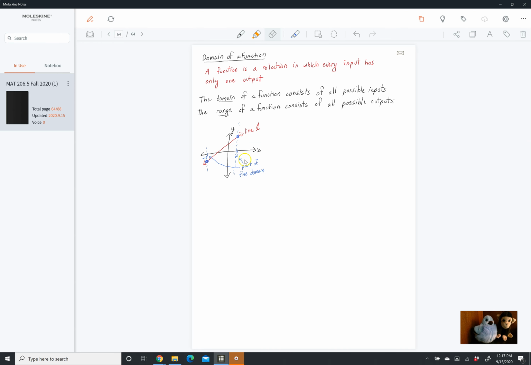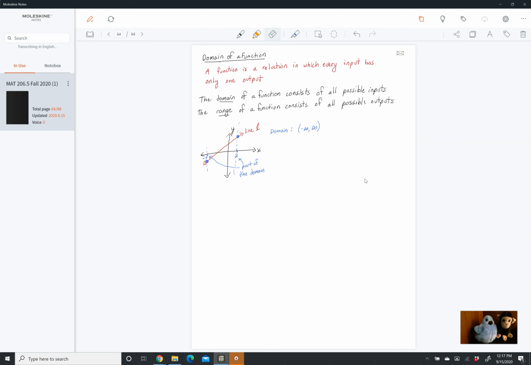If that's the case, then the domain can be anything. So we say that the domain, we can put it in interval notation, is -infinity to infinity. Okay, so this is interval notation.